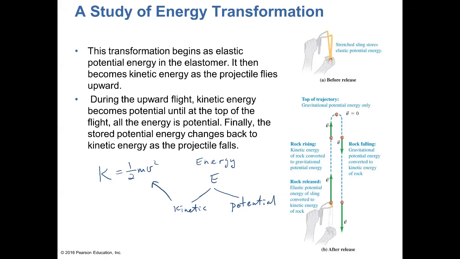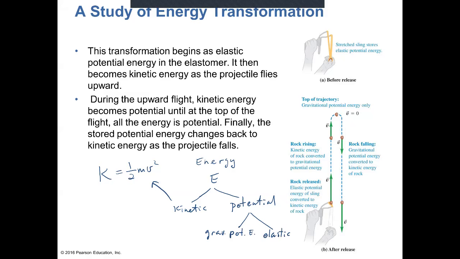Two things that we're going to consider in this chapter are two types of potential energies. One type is gravitational potential energy. The other one is elastic potential energy.